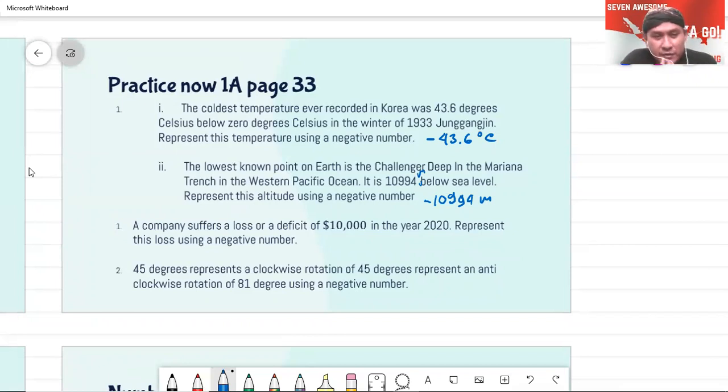Another example. A company suffers a loss, a deficit of $10,000 in the year 2020. Represent this. Oh, it's easy: -10,000.